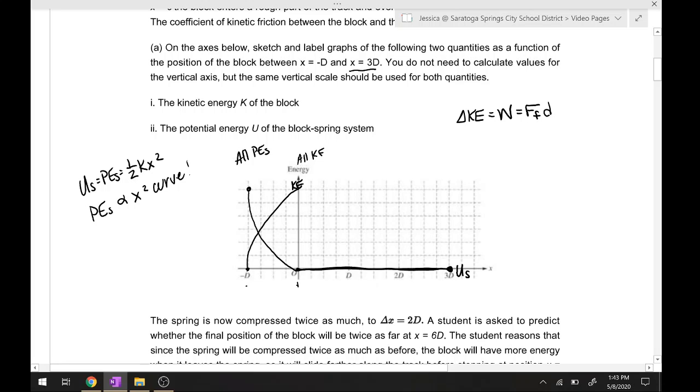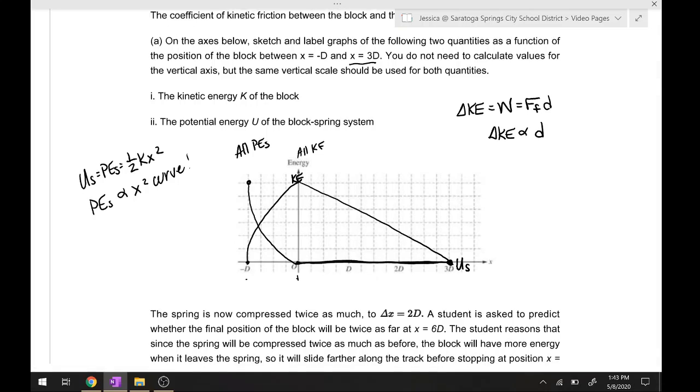Now again, since I'm graphing energy versus position, I want to look at the relationship between kinetic energy and distance. If I look at the work equation, the change in kinetic energy is directly related to distance, which means I should see a nice line graph for kinetic energy between 0 and 3D.